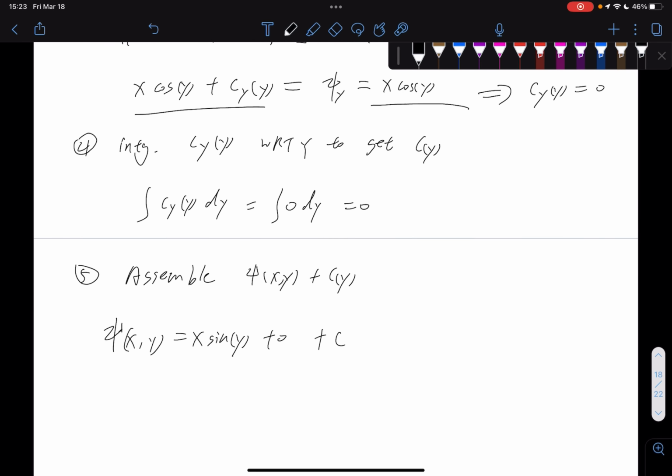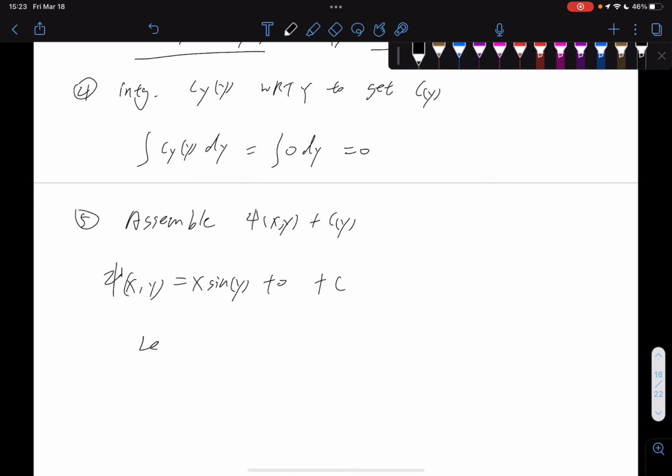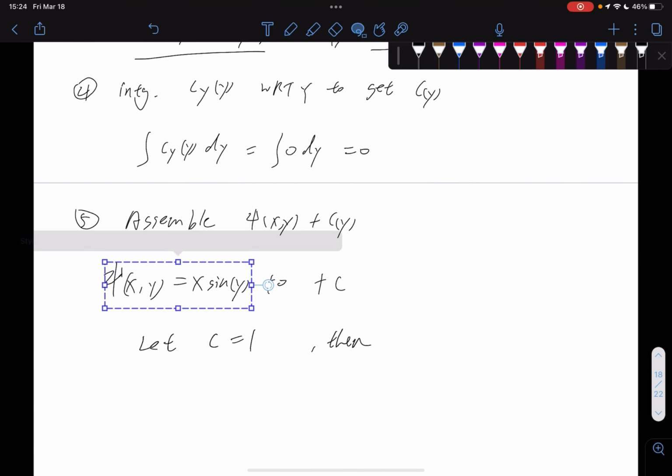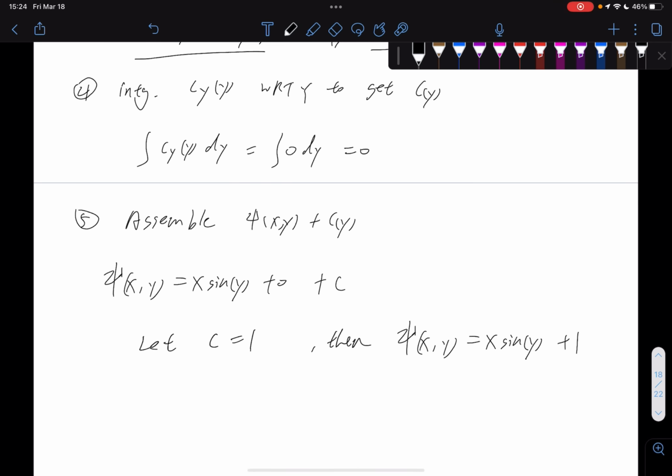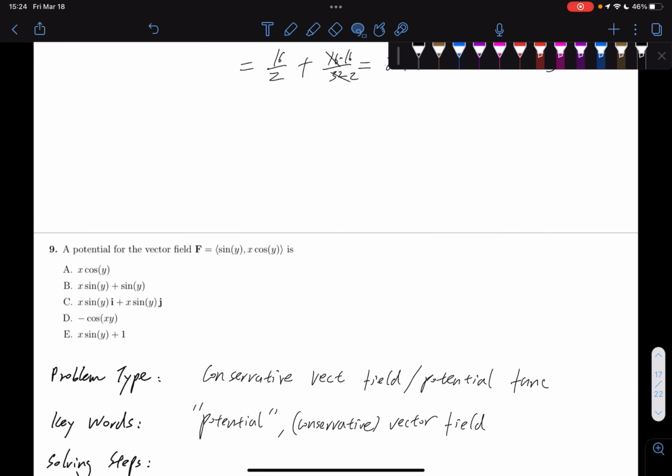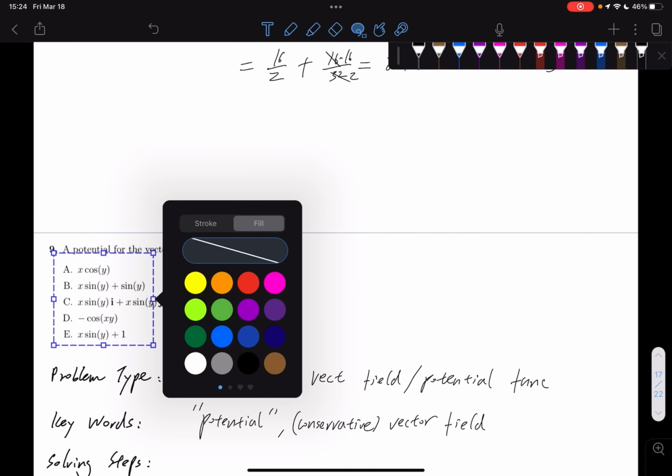So I'll just say let c equal 1, then ψ of x, y equals x sine y plus 1. And that is the correct answer for question number 8.